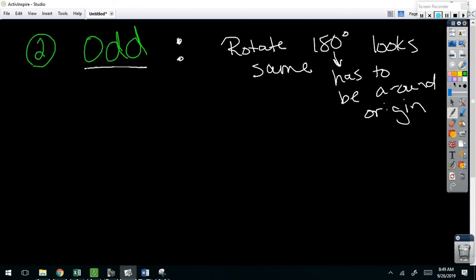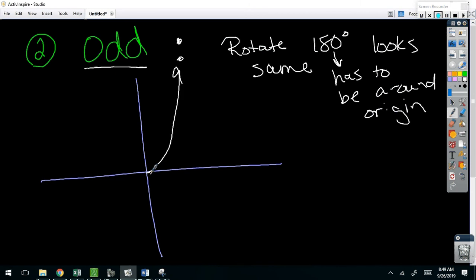Let me show you what that looks like in the form of a graph. If I were able to pick this up and just turn it upside down, it would look exactly the same. It's an odd function. Does that make sense?